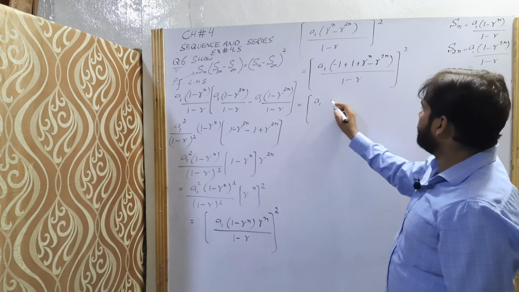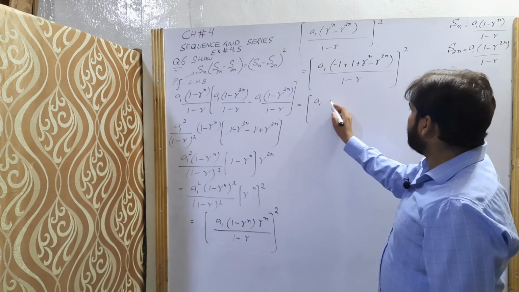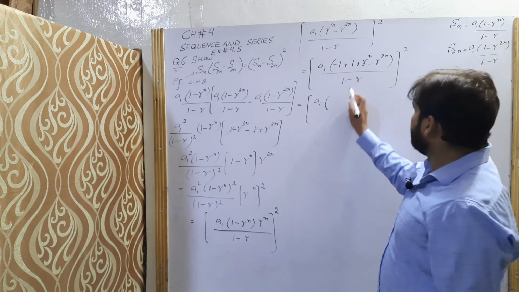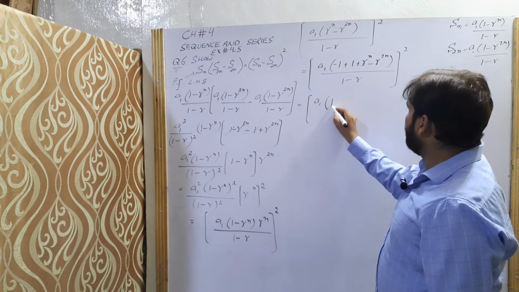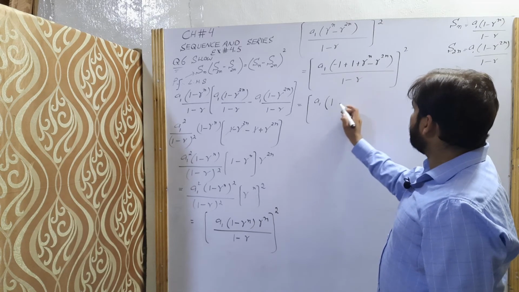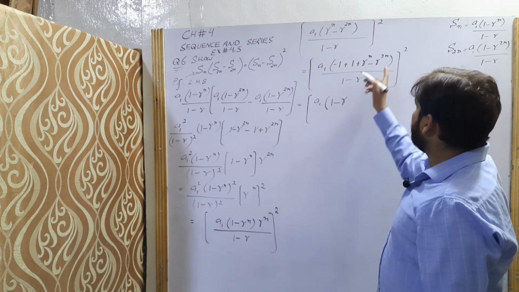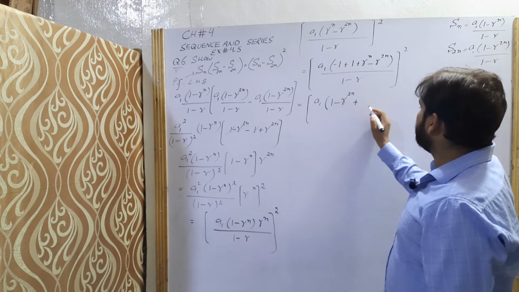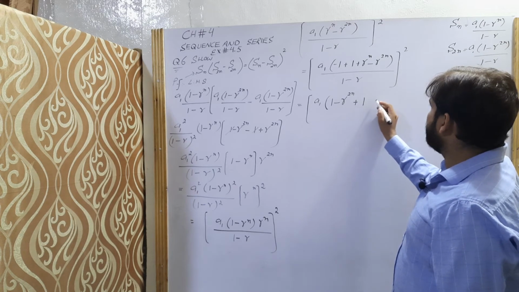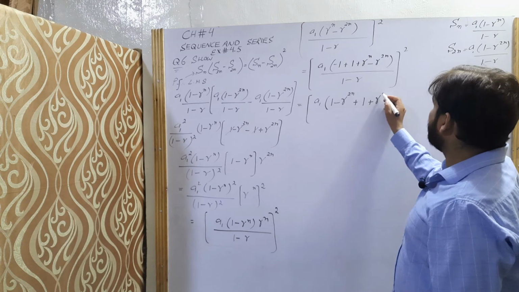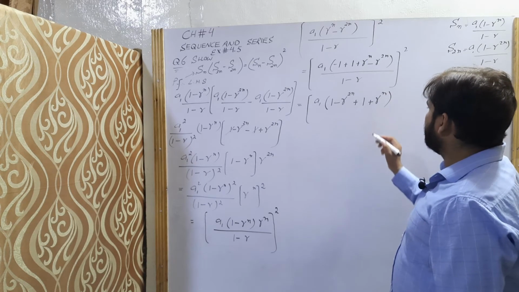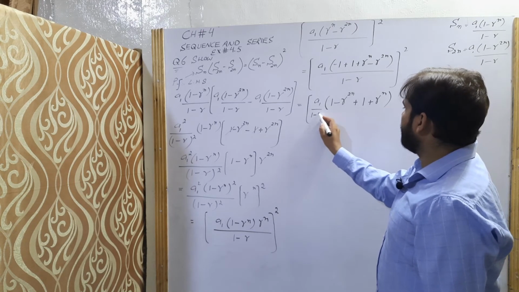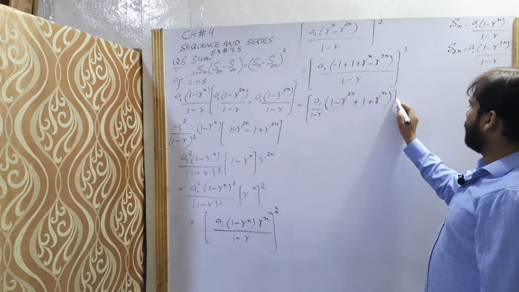So this can be written as a1 and one minus r raised to power 2n plus 1 plus r raised to power n, divided by (1 minus r) whole power 2.